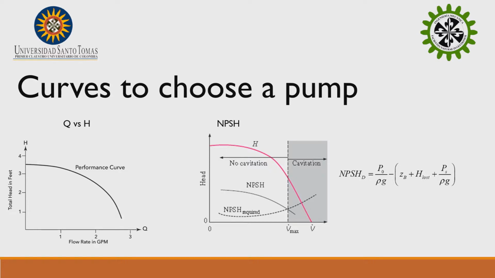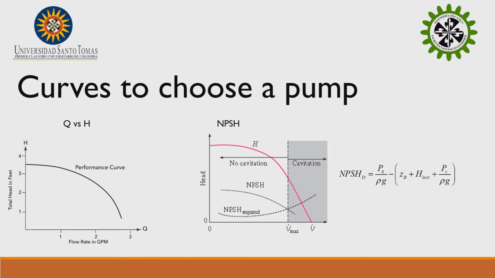When subjected to higher pressure, these cavities, called bubbles or voids, collapse and can generate shock waves that are strong very close to the bubble, but rapidly weaken as they propagate away from the bubble. To prevent this phenomenon, there exists the NPSH curve that shows the range where the system doesn't have cavitation.